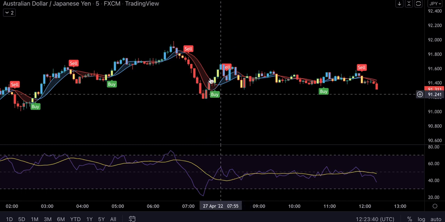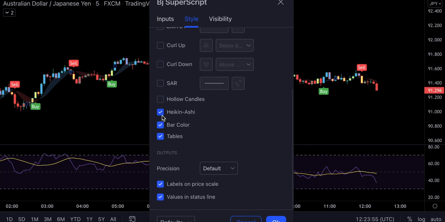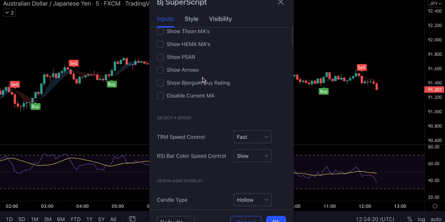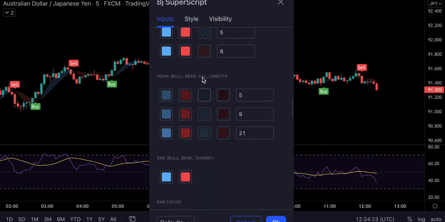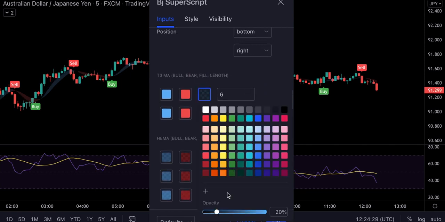Now let's double click on this second indicator, and in the style section we're going to remove every single one of these things. We're also going to need to change the inputs. So we're going to scroll all the way down and change this period from 5 to 6, and let's add some more opacity to our lines.